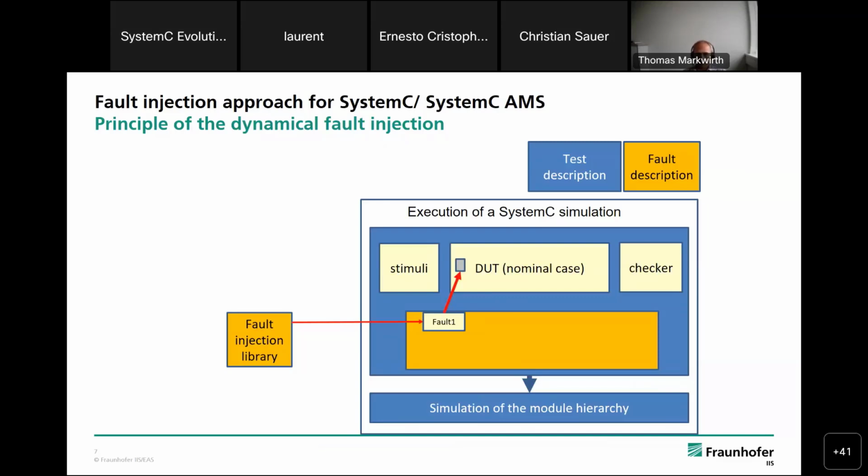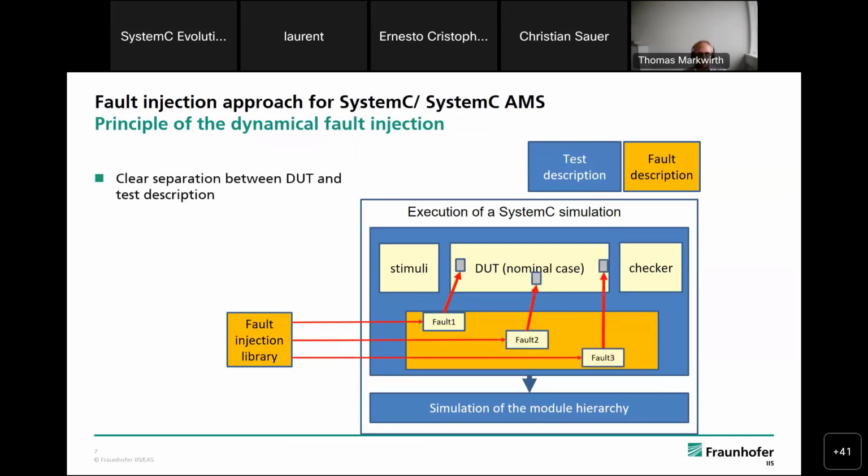second phase, this manipulated module hierarchy is simulated. But this manipulation occurs only during the runtime in the memory, not in the source code or something like that.